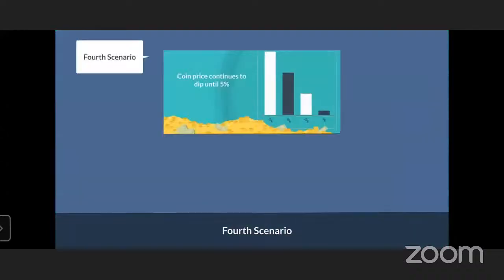Fourth scenario. After you buy, the coin price continues to dip until 5%. The bot will buy when there is a reversal of 0.5%.